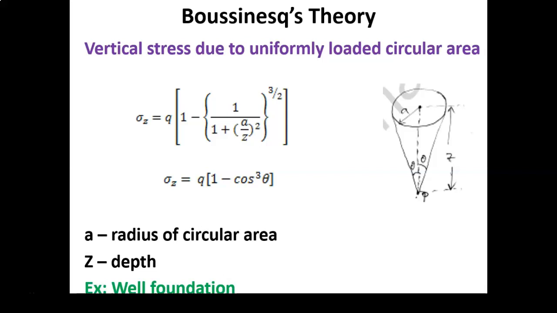The increase in vertical stress at a depth z directly below the center of the circular load is given as sigma z equal to q into 1 minus 1 by (1 plus (a by z) squared) to the power 3 by 2. This equation can also be written in terms of theta, the angle subtended at point P, where sigma z equal to q into (1 minus cos cubed theta).